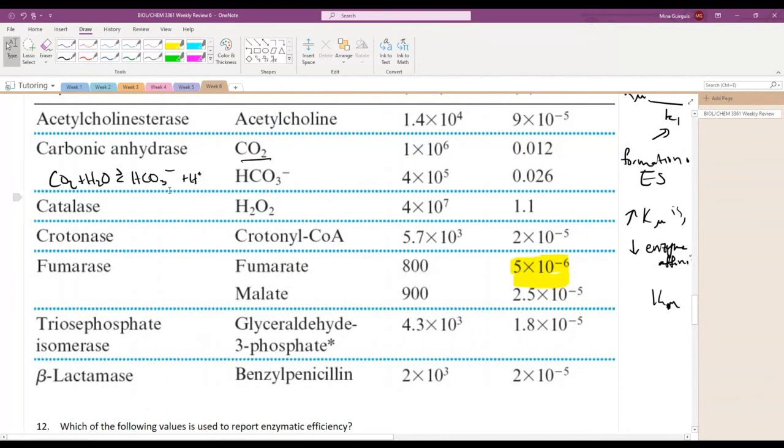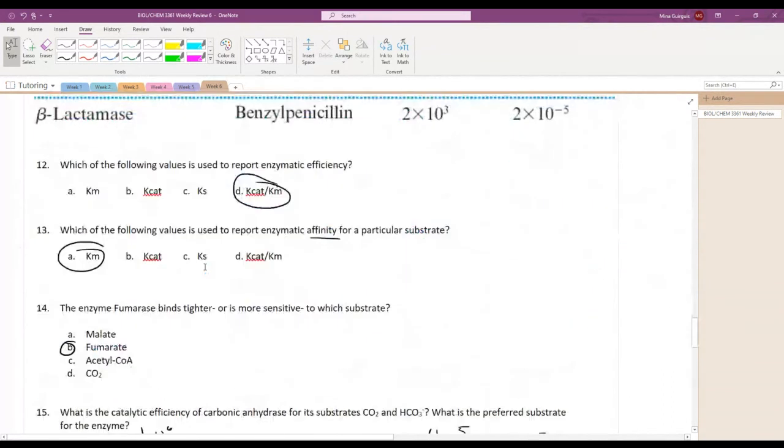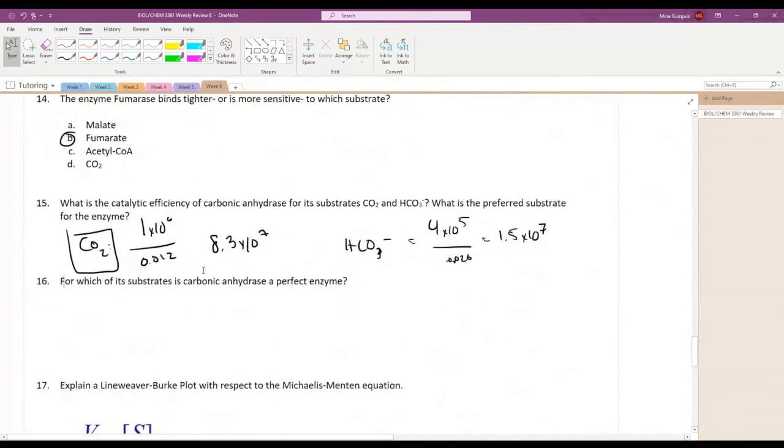So because we know that CO2 binds better, and because we know that CO2 turns over better, we can conclude that CO2 is a much better substrate for this enzyme than HCO3 minus. And that tells us that in this reaction between the two, the forward reaction is going to be the more predominant reaction, okay? So the next question, for which of its substrates is carbonic anhydrase a perfect enzyme?